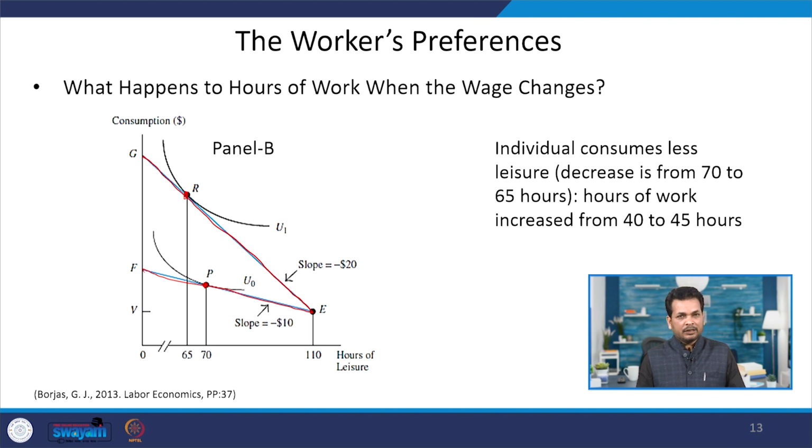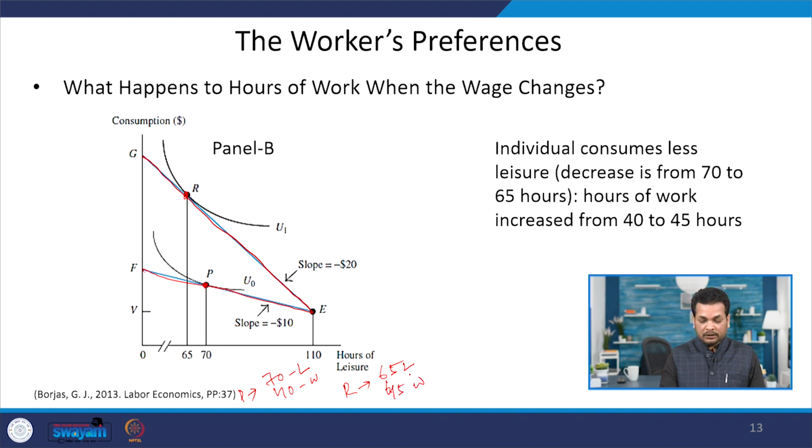Now, what is happening when you compare these 2 points, point P and point R? Earlier, the worker was consuming 70 hours of leisure and having 40 hours of work. Now, at point R, the worker is having 65 hours of leisure and 45 hours of work, which means the work hours have increased, the leisure hours have decreased.